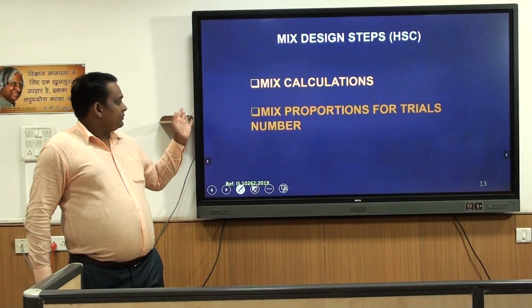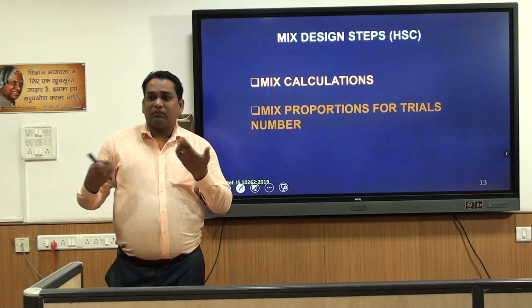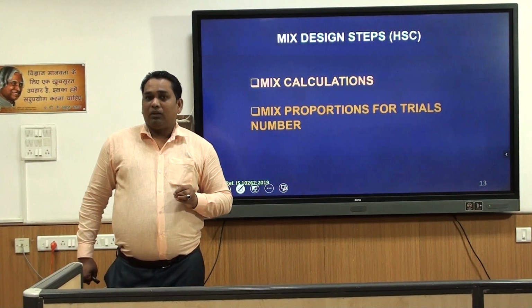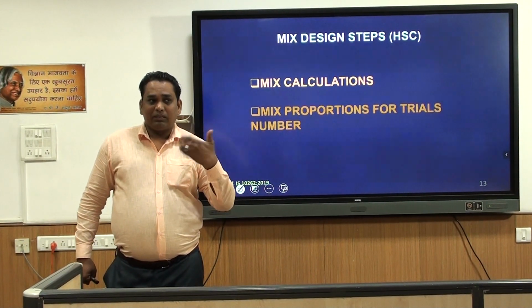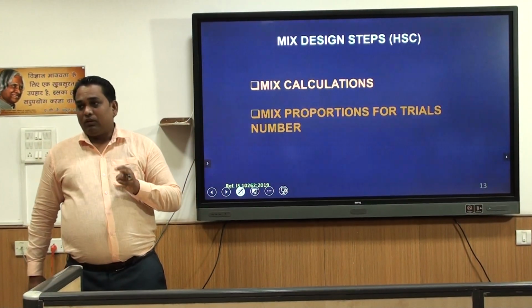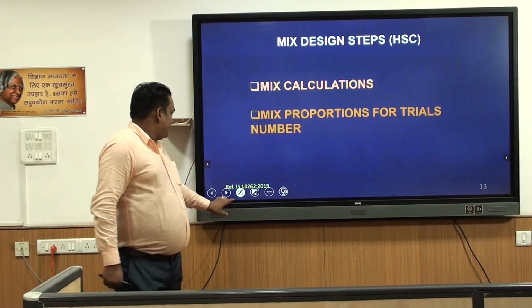And suppose we are not getting the target strength as per the code, so we will go for another try. So at least the code recommends 2 more tries, so at least 3 trials for each mix design are recommended.